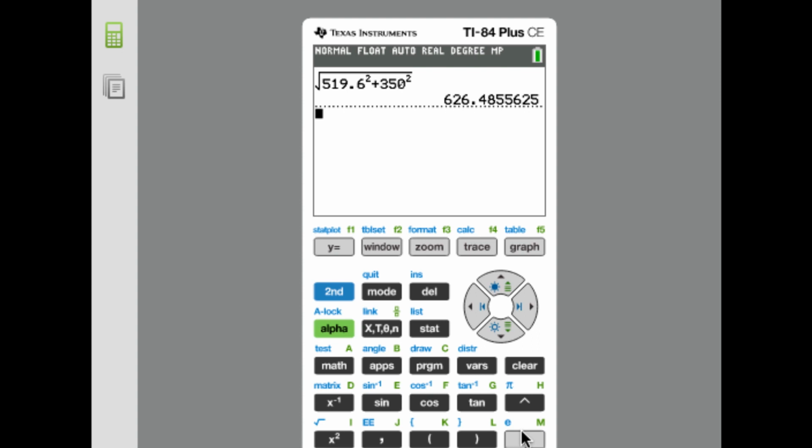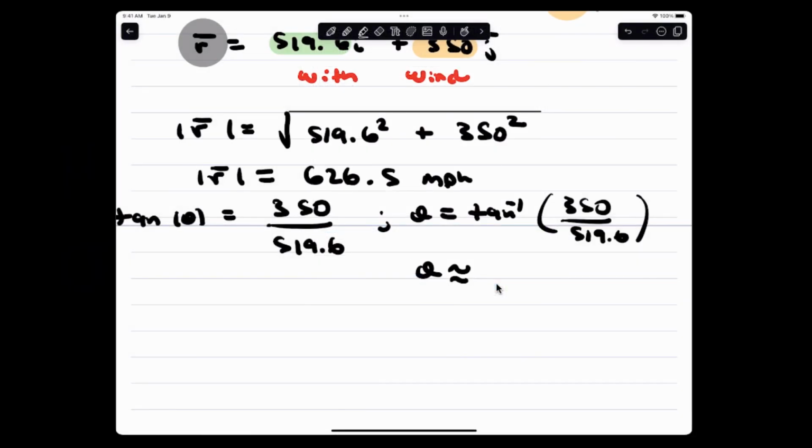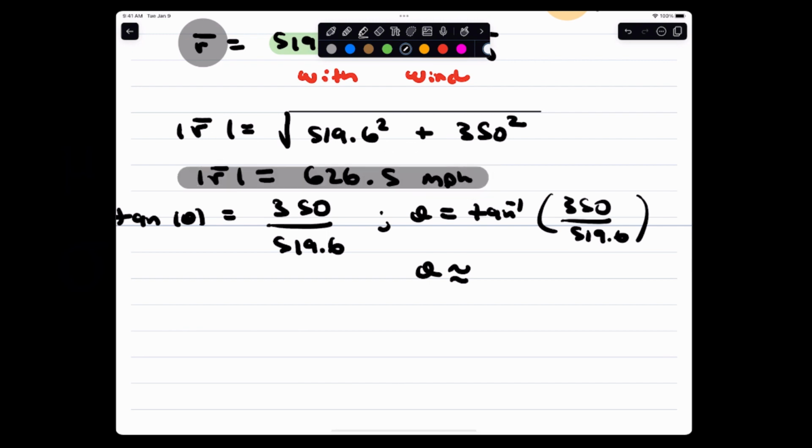Go to the tenths. 626 point what? 5 miles per hour. So here's the magnitude, ladies and gentlemen: 626.5 mph. So it looks like the wind helped the airplane go faster.